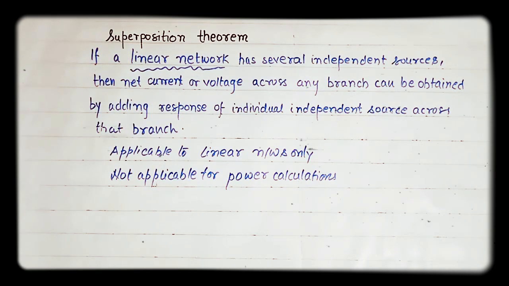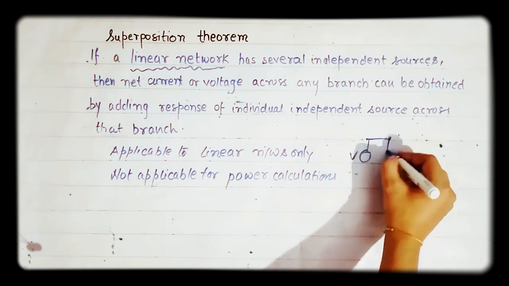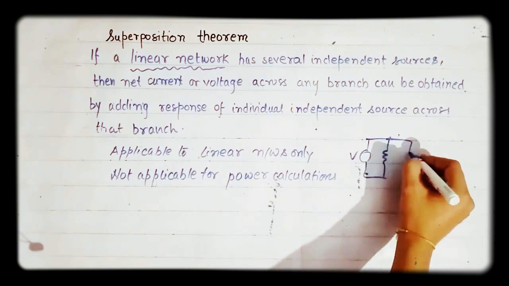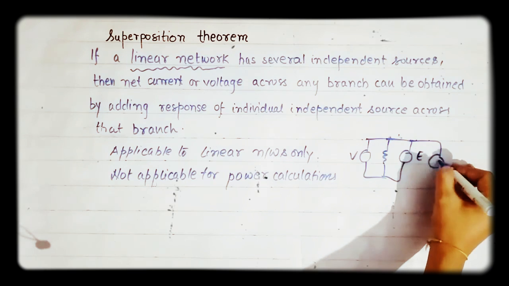When a number of sources are given in a network, suppose here it is a voltage source, this is a resistance R, here is again a voltage source, say E, and here a current source.